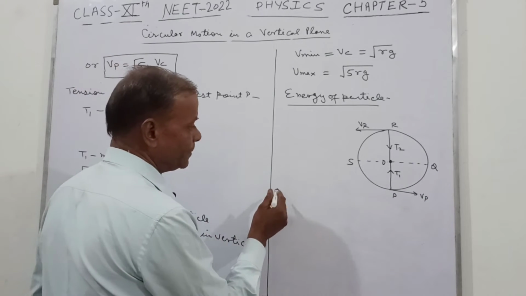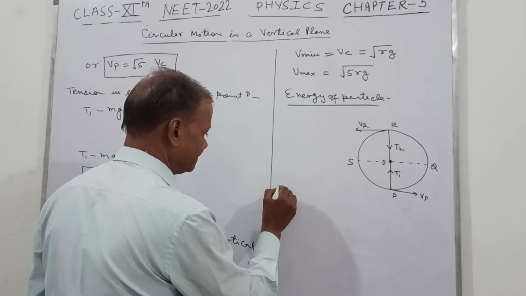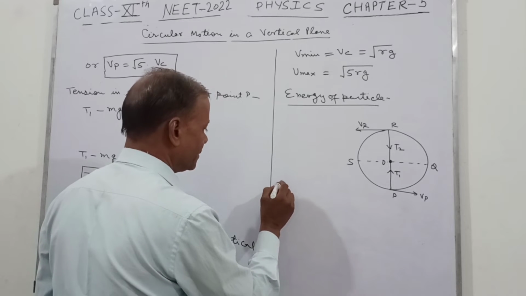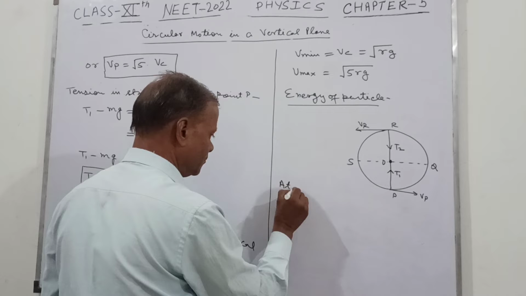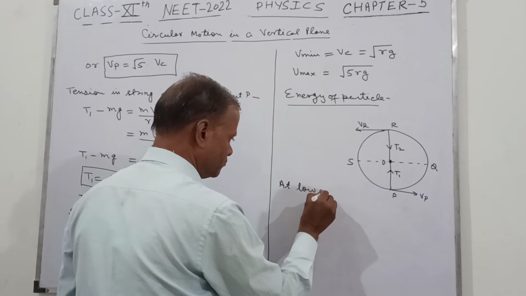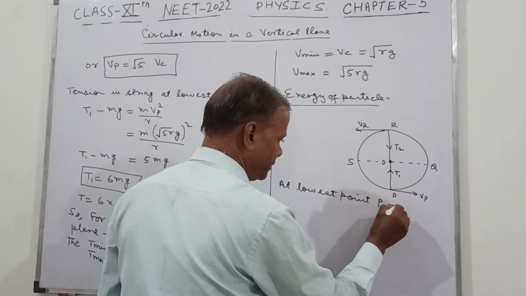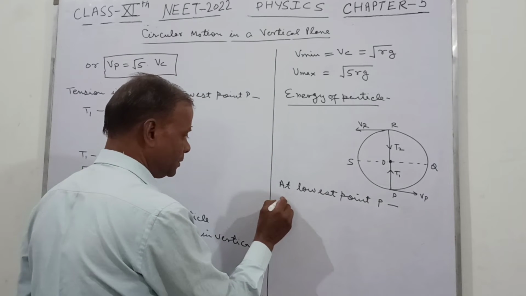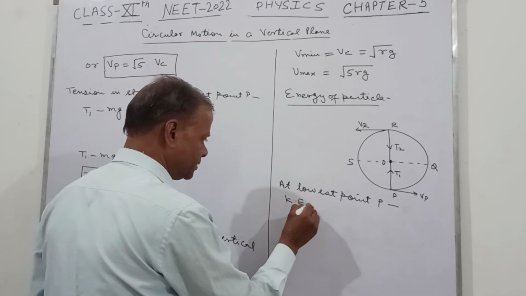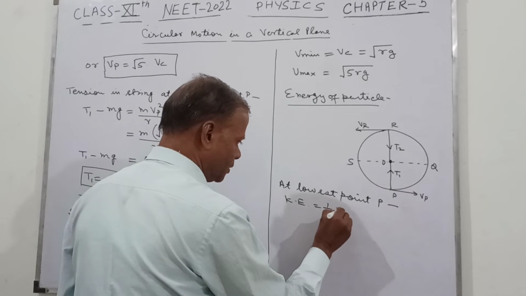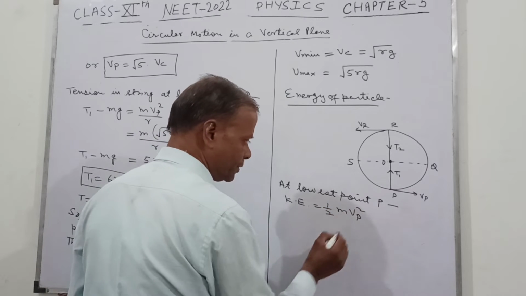So at lowest point P, what we have? The kinetic energy is equal to half m Vp square.